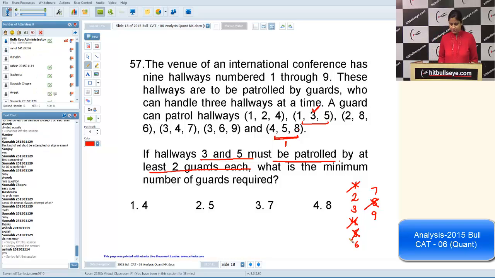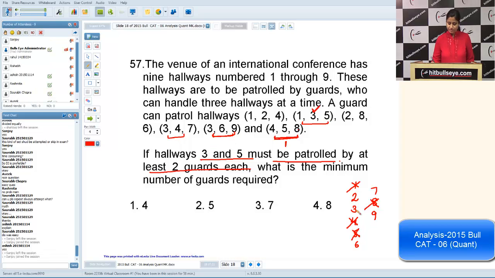Yes, okay. Now, for 3, there should be 1 more guard. So we can take 3, 6, 9 and 3, 4, 7. If we take 3, 6, 9, it will be better because for 3, 6, 9, there is no guard. But in 3, 4, 7, 4 is already occupied. So it's better you take 1 guard for 3, 6, 9 because our question is to minimize the number of guards required.